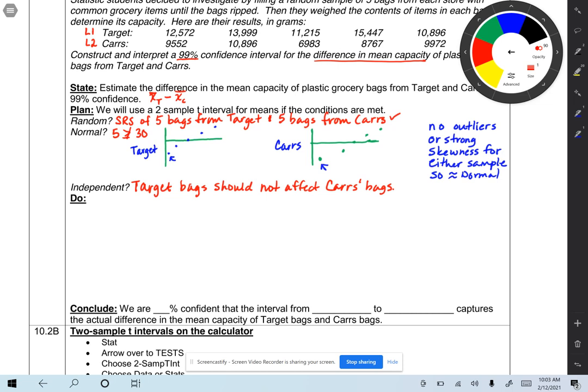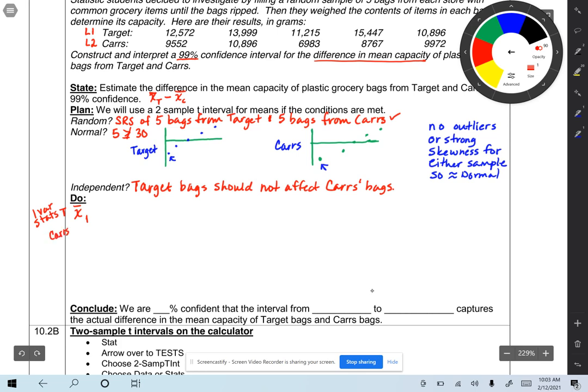All right, in our do portion, so I did my one variable stats here. I got the sample mean. Oh, I guess I should specify which one, but here. So this one is Target, and this one is Cars. Okay.